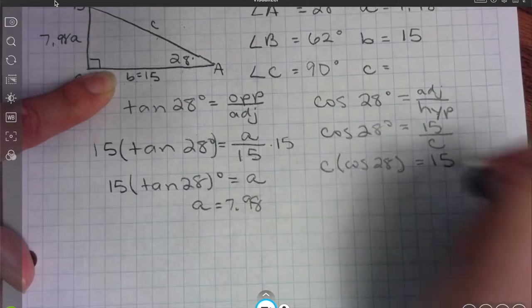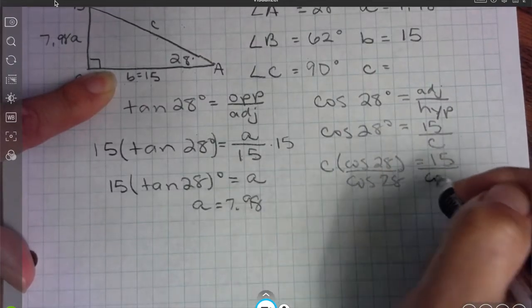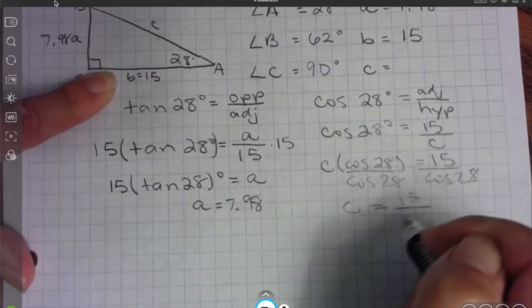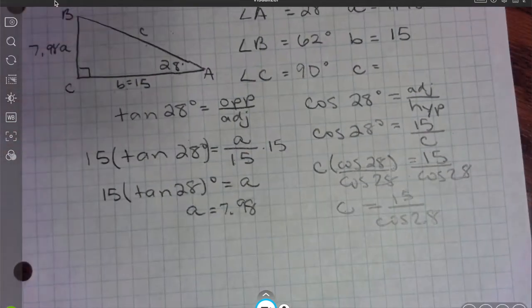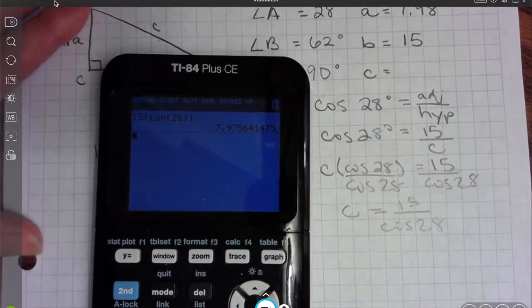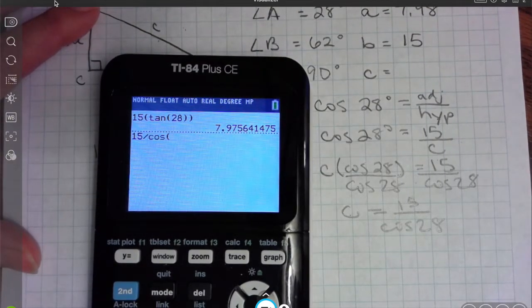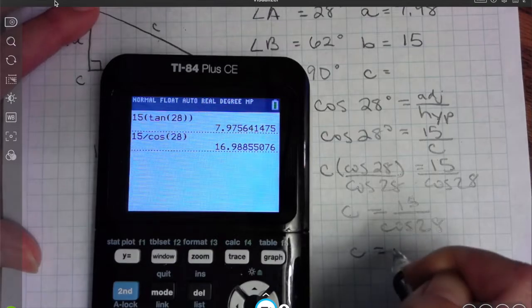I'm going to divide both sides by cosine of 28. So c is going to be 15 divided by the cosine of 28. Okay, so now we're going to take our calculator. I'm going to say 15 divided by cosine of 28. When we round it, c is going to equal 16.99.